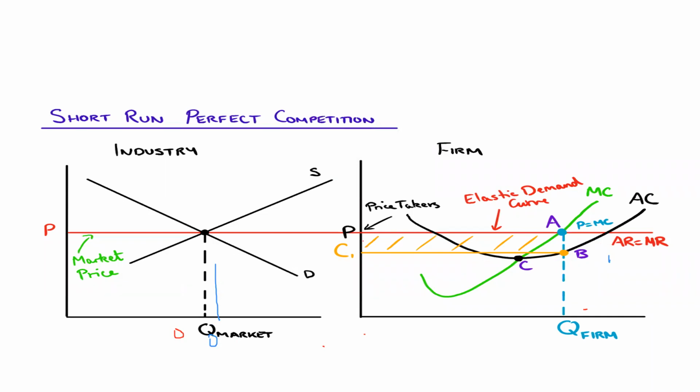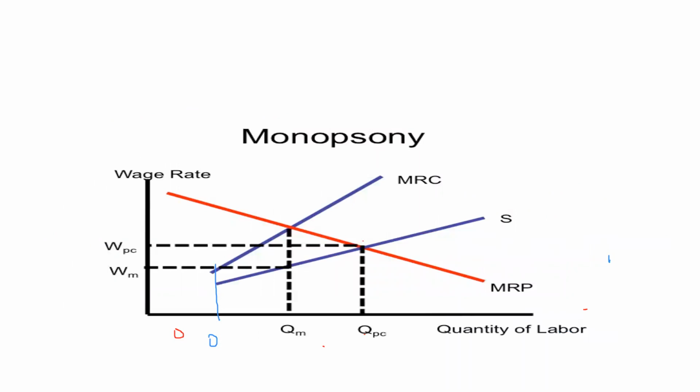I just want to show you the labor markets, okay? Here is your monopsony market. In a monopsony, as in the other labor markets, MC equals MRP is the profit maximizer.